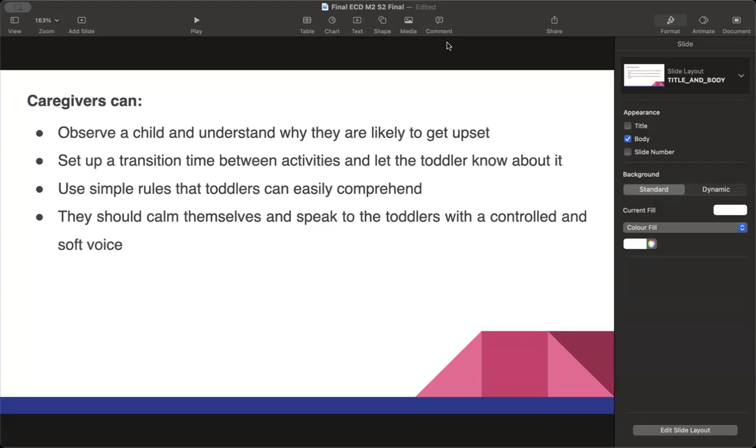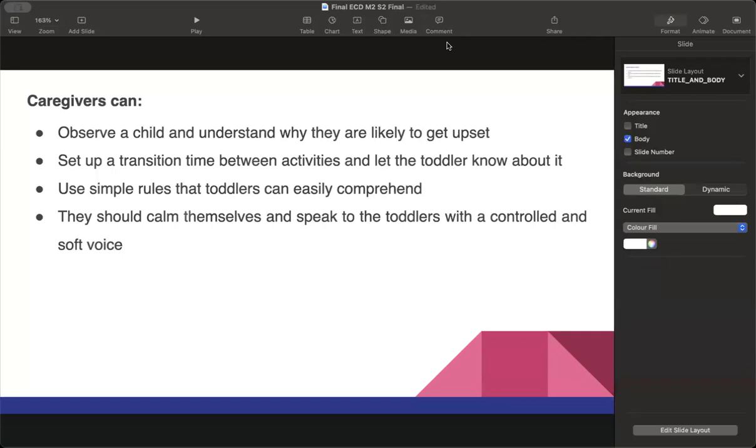Also, we need to use simple rules that toddlers can easily comprehend. In your class, you cannot have long paragraphs of the labor law and good manners and long Bible stories. It needs to be as simple as possible. You need to maybe have a picture of a glass with a big X on that glass. That means you are not allowed to drink water in the space because there are library books here.